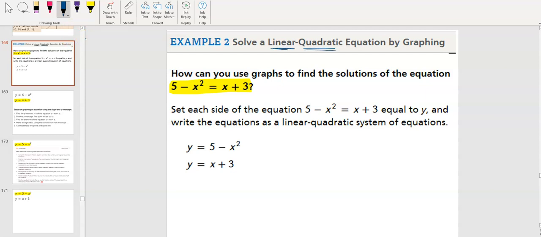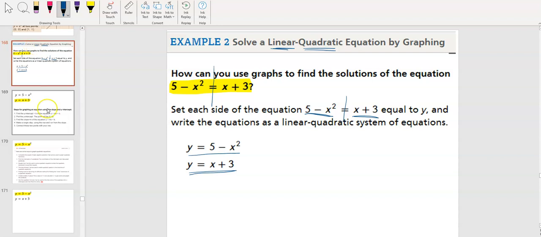So what I'm basically going to do is just split this equation into 2 pieces. One of my sides, the one that has the square, is my quadratic function or equation, and the other side, which does not have x squared, is my linear equation. And so once you split the 2 in half, I can now use both of these equations to graph on a coordinate plane and find my solution.